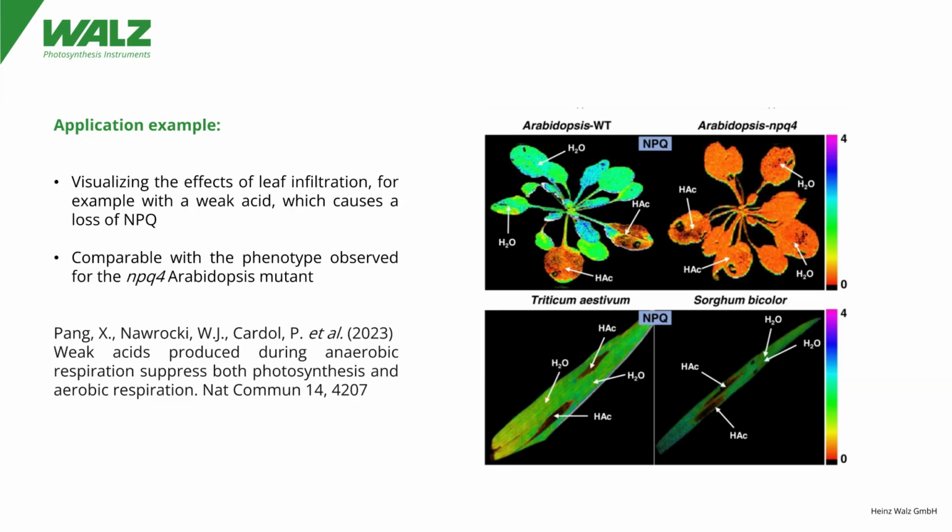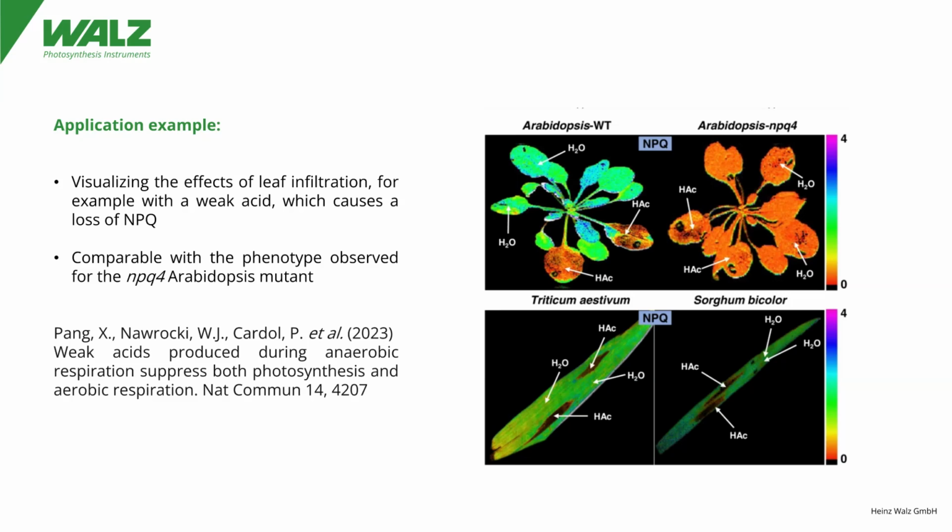In earlier studies, for example, chlorophyll fluorescence imaging was used to visualize how the herbicide DCMU spreads across a leaf over time. Changes in photosynthetic activity could be followed directly as the inhibitor moved through the tissue. Imaging can also be used to study other physiological treatments.